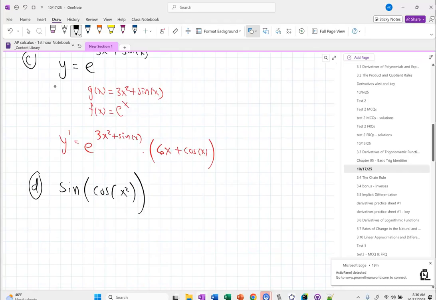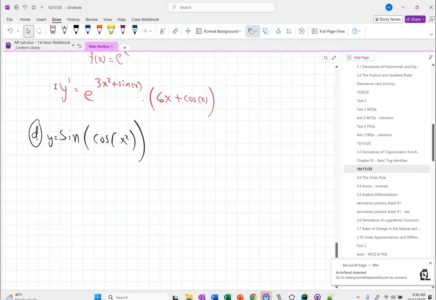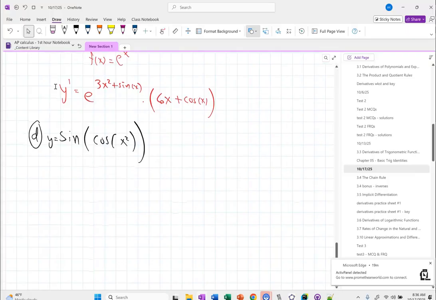I should say y equals sine of cosine of x squared. Does everybody see the composition? You guys see 2 compositions, I hope, right?